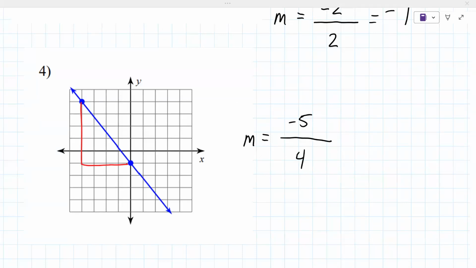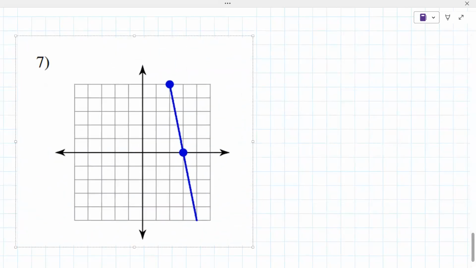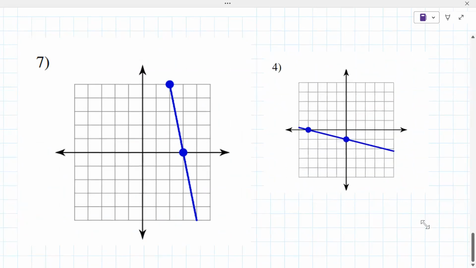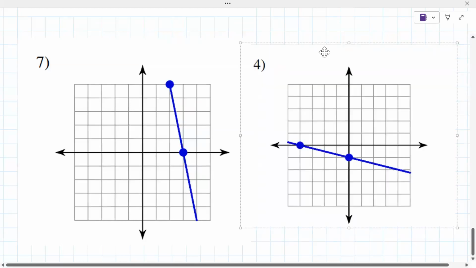Okay, so here, let me give you a couple of problems to try. I'm going to put 2 up here. You're welcome to start on the first, and then I'll give you the other one here to look at. All right, so if you could give me the slope of these.